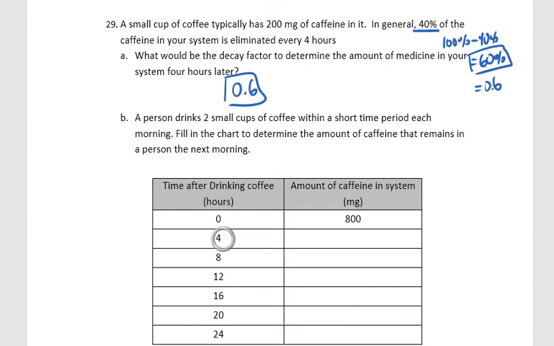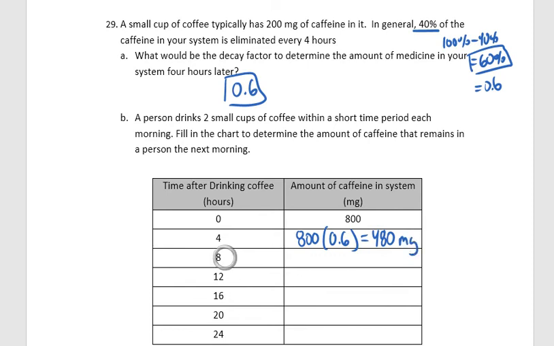Well, at the end of 4 hours, 60% will remain, or we multiply by our decay factor of 0.6. So we're going to take 800 times 0.6. So at the end of 4 hours, we would have 480 milligrams.